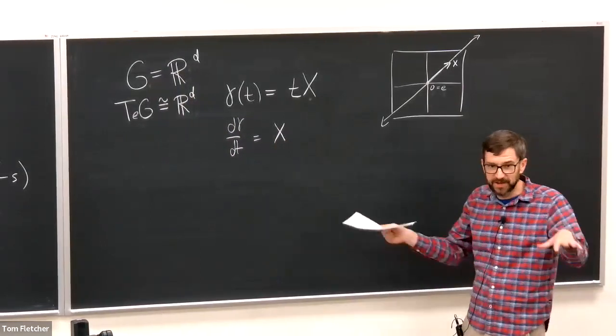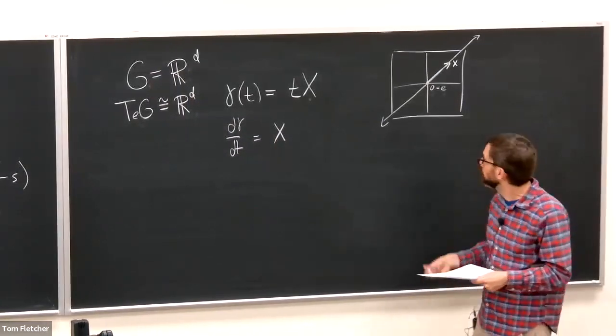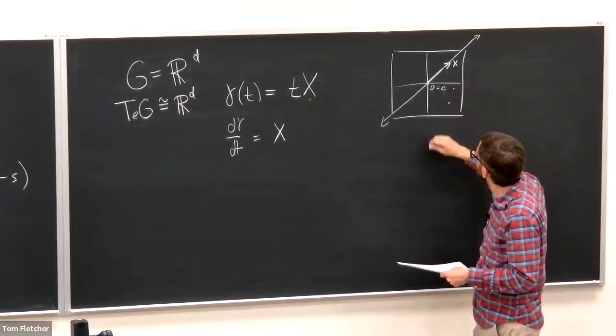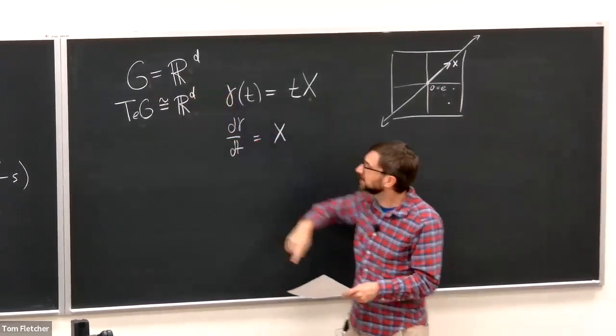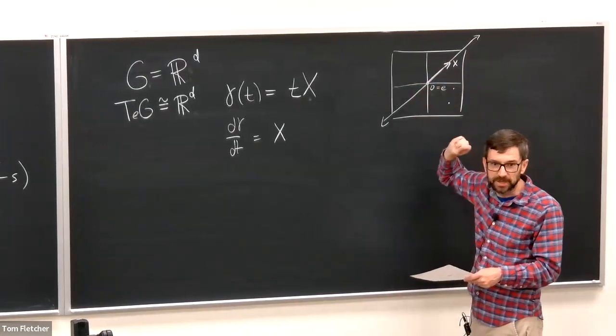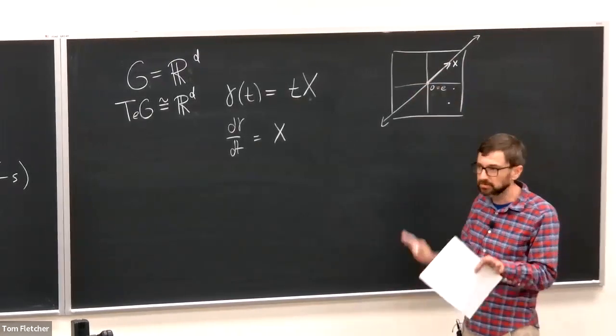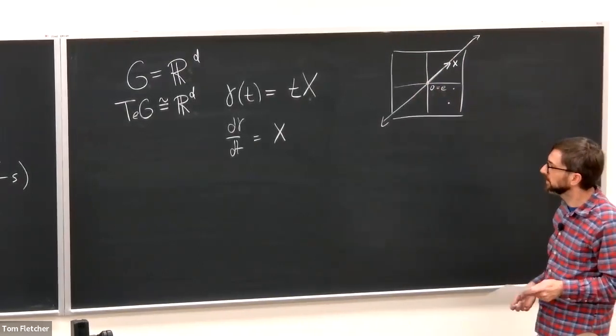So I wouldn't think of it as a second copy of R^D. The points in R^D are the points in G here, and the vectors in T_E G are vectors anchored at 0. So those are tangent vectors. They're two separate things, but equivalent spaces.